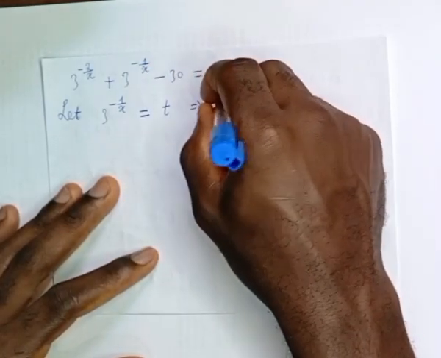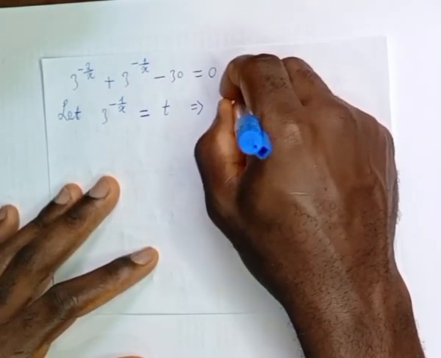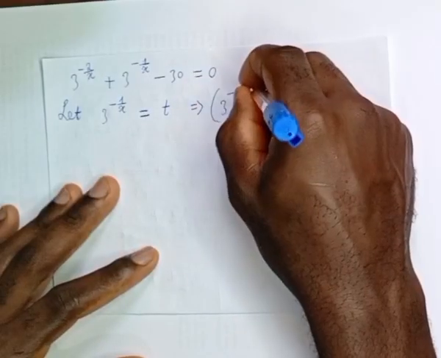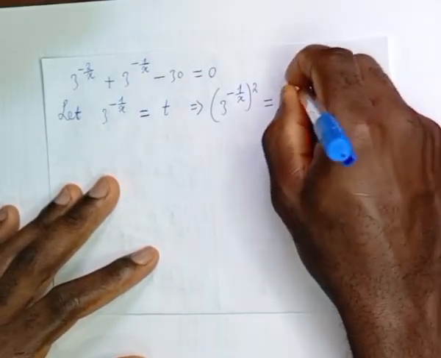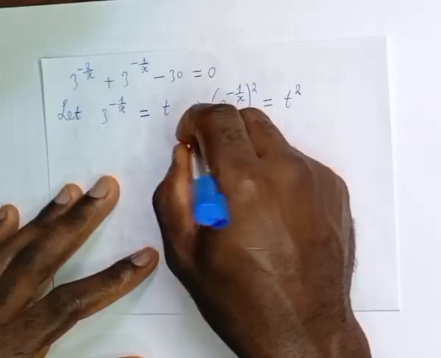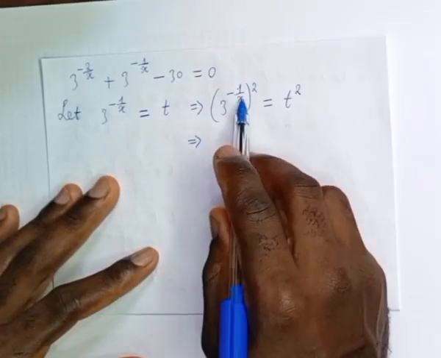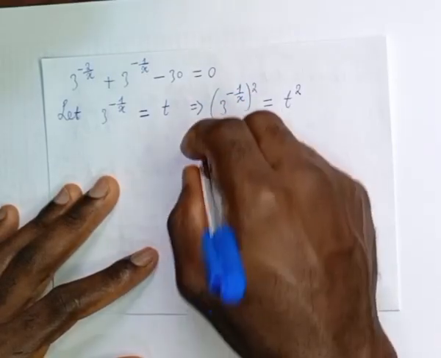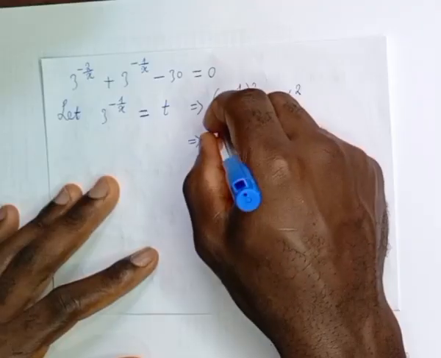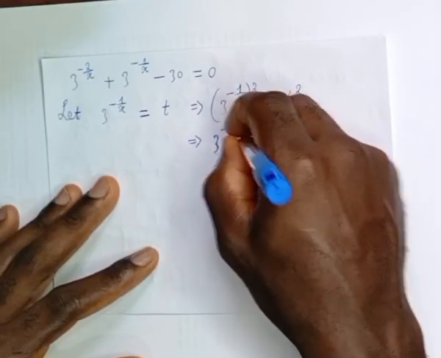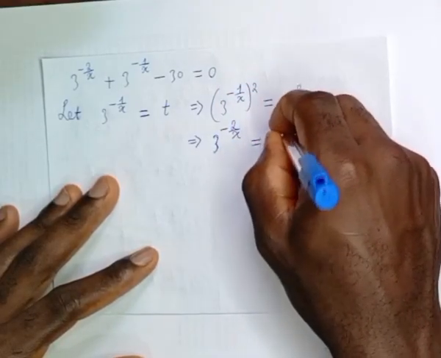Then, if we square both sides, 3 raised to the power negative 1 over x, all this squared will be equal to t squared. Squaring this, we have to multiply the powers. This will give us 3 raised to the power negative 2 on x is equal to t squared.